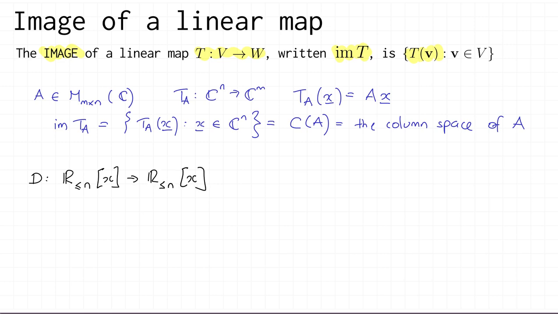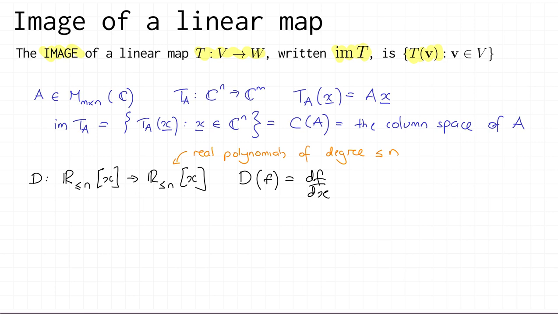Remember, R less than or equal to N of X means all real polynomials of degree at most N. Then as usual, D of F will be the derivative, dF by dx. This makes sense. It really does map a polynomial of degree at most n to another polynomial whose degree will be at most n, because when you differentiate, the degree goes down or stays the same.